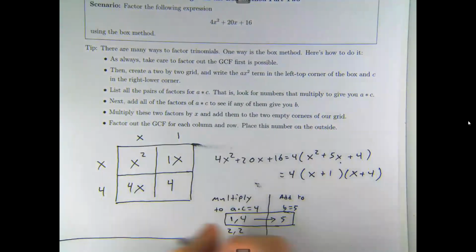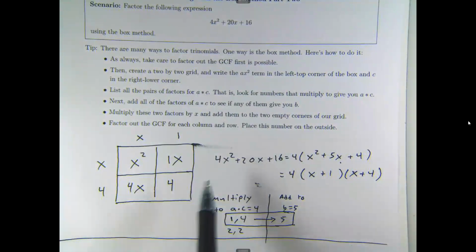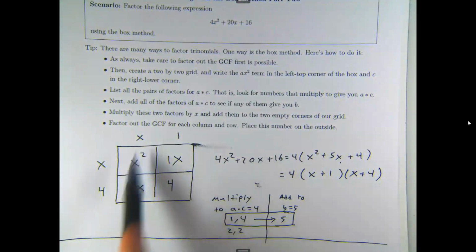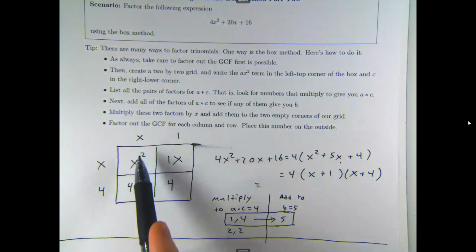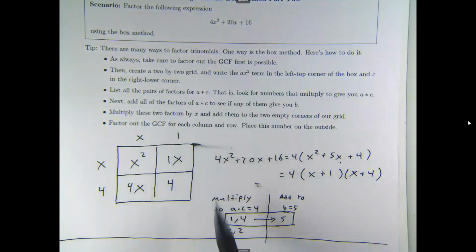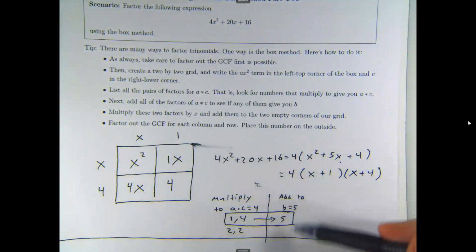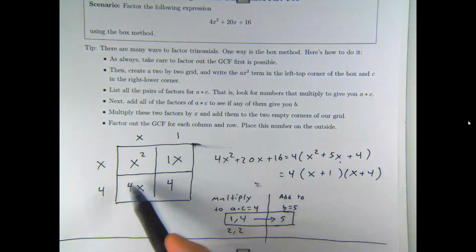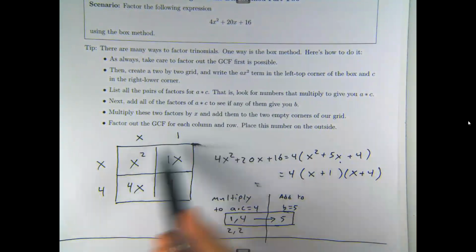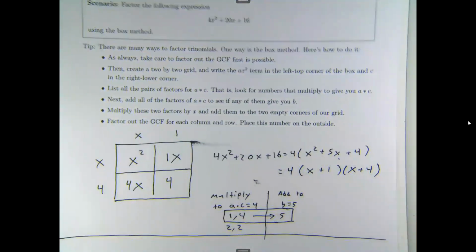I'm going to do this strategy for another problem where I start by factoring out the GCF. I make this grid. X squared term is in the top left, constants in the lower right. I'm looking for numbers that multiply to a times c, but add to b. I put them in the squares, and then I factor vertically and horizontally.